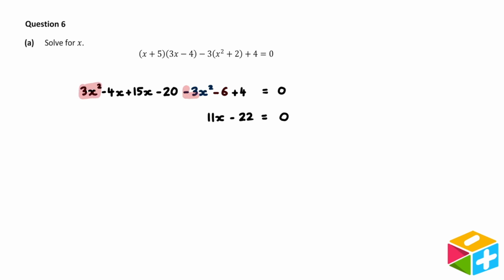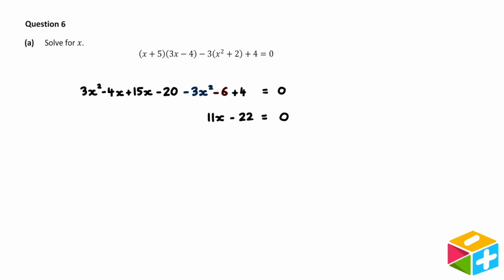The 3x squared and the minus 3x squared cancel each other off. Minus 4x plus 15x is 11x, and minus 20 minus 6 plus 4 comes out as minus 22. So we end up with 11x minus 22 is equal to 0.